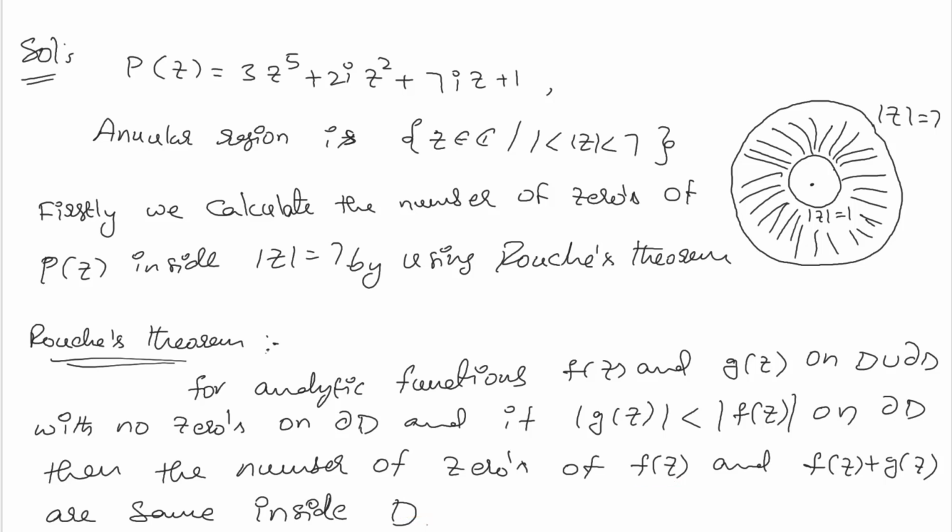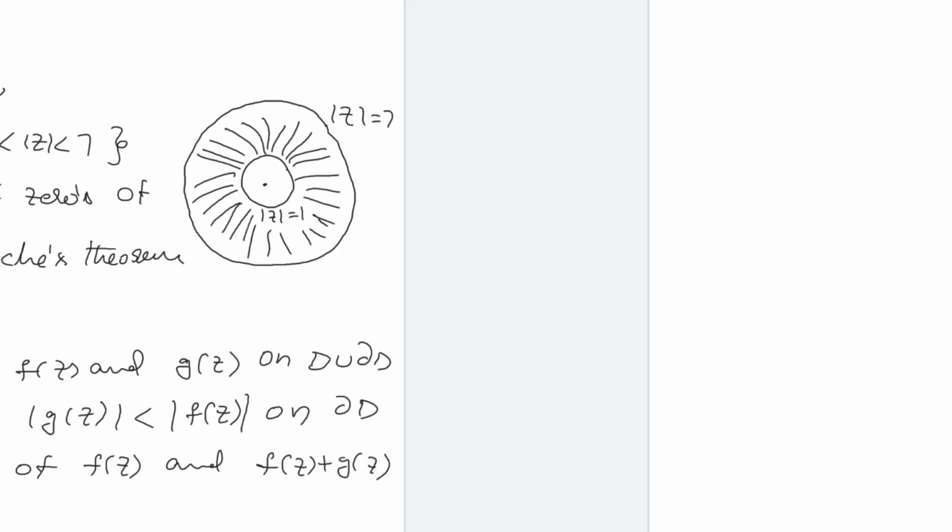By the selection of f of z, we choose the function g of z, and we have to choose f of z and g of z in such a way that this condition also holds. So for this problem, I am choosing the functions f of z and g of z in the following way.